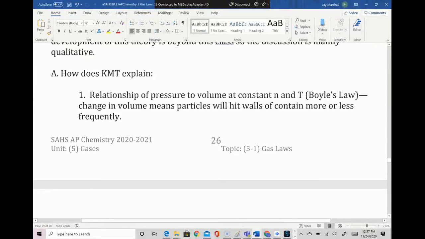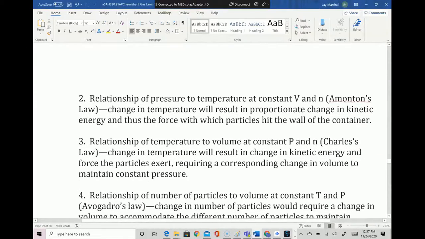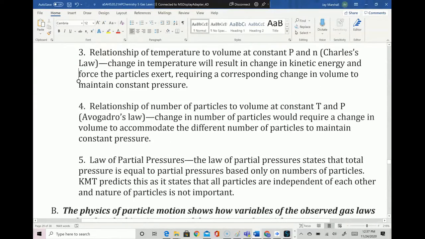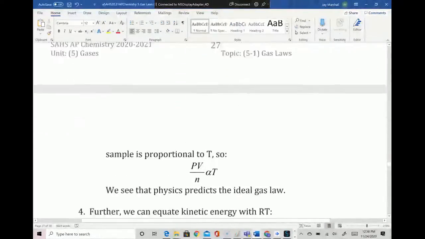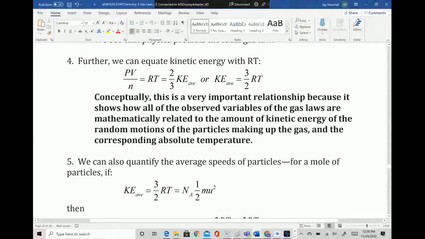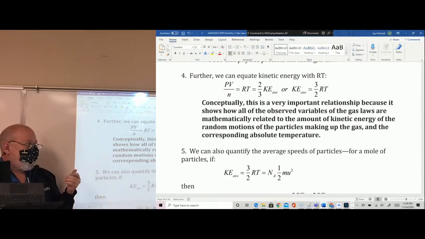We've said, how does the kinetic molecular theory explain this relationship? How does it explain this relationship and this relationship and this relationship? So mostly you have to understand the concepts of it. How does the kinetic molecular theory explain it?